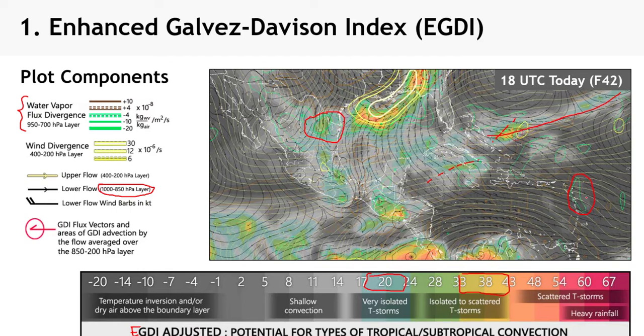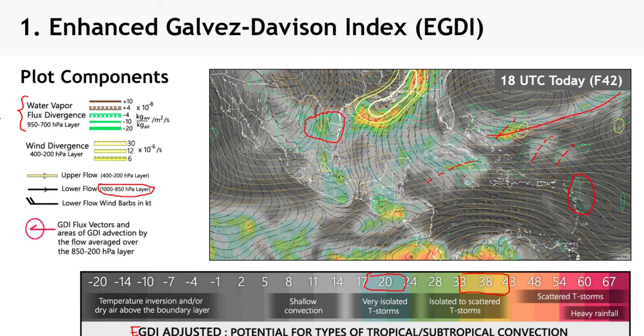The low level flow will give you the idea of the surface features. You can see there's also another trough here, another there. And if these features are aligned with a region of enhanced moisture convergence or GDI, then it gives you more confidence in analyzing them. So just by considering the flow and these additional quantities, we're gaining a lot of information that helps us to produce a better weather forecast.